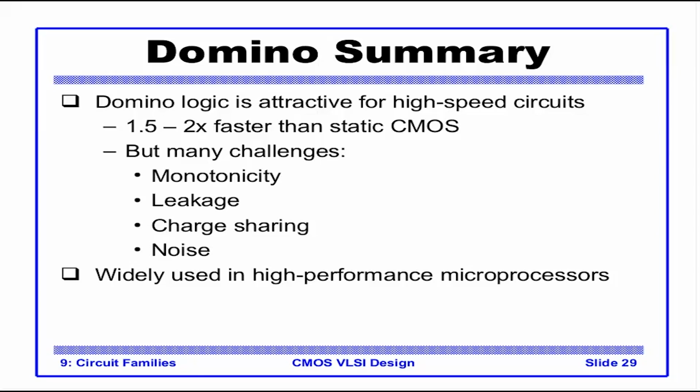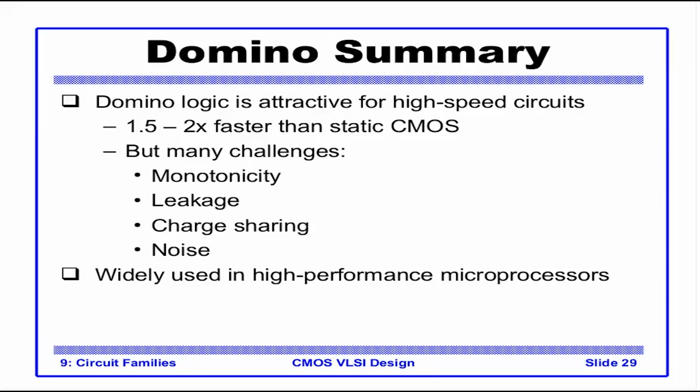Since we are talking about speed, domino logic is very fast compared to static CMOS. It is used in very high performance microprocessors, but not for the complete microprocessor design. It might be used for a part of the microprocessor, for example the ALU.